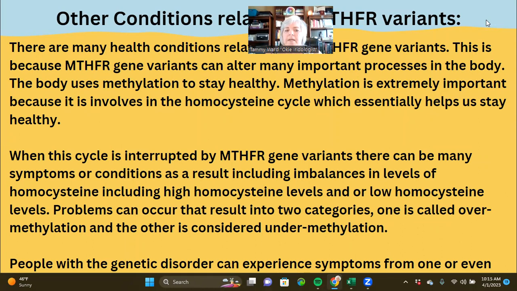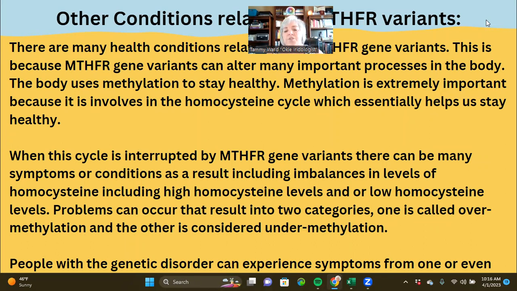Methylation is extremely important because it involves the homocysteine cycle, which essentially helps us stay healthy. When this cycle is interrupted by MTHFR gene variants, there can be many symptoms or conditions as a result, including imbalances in levels of homocysteine, including high homocysteine levels and/or low homocysteine levels.